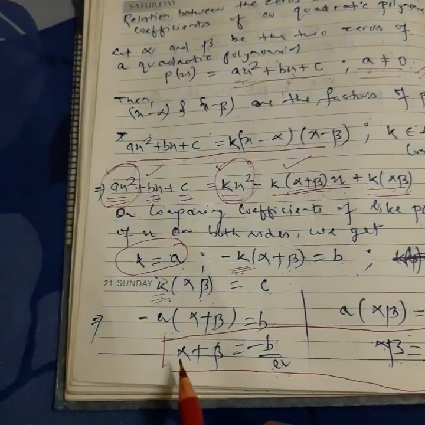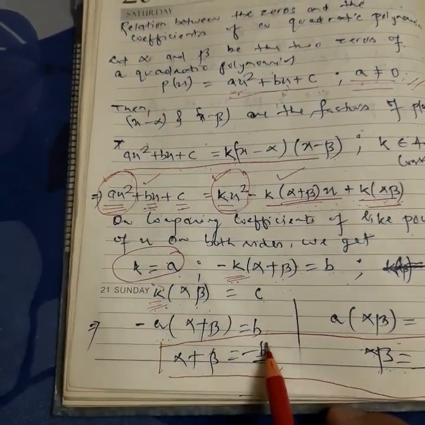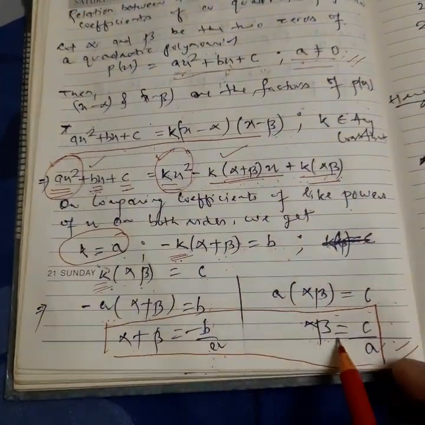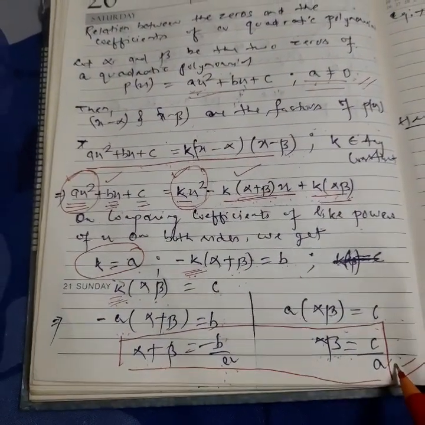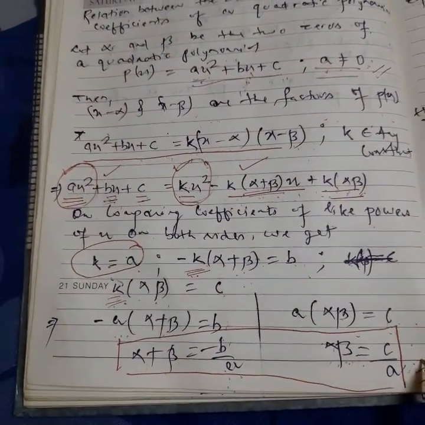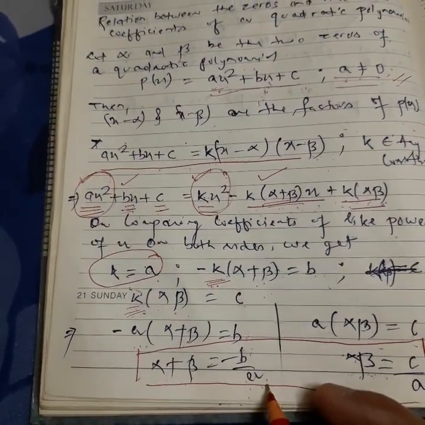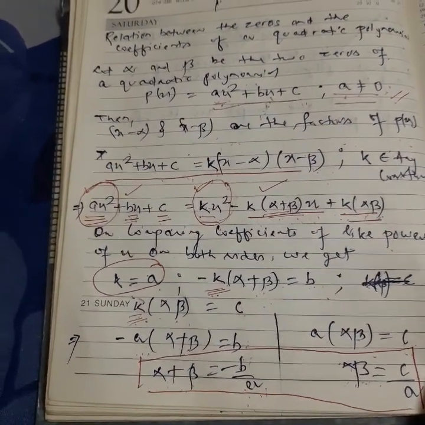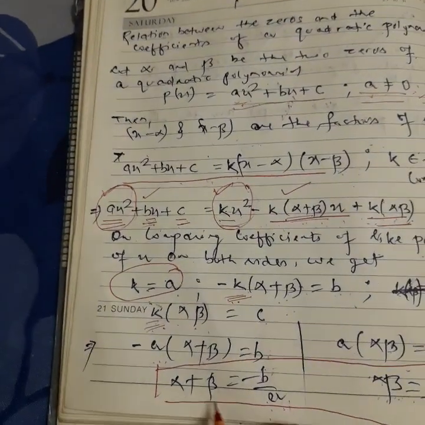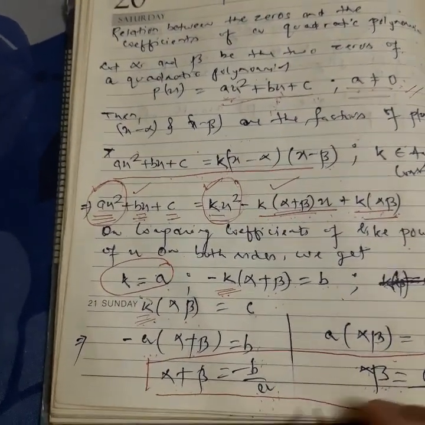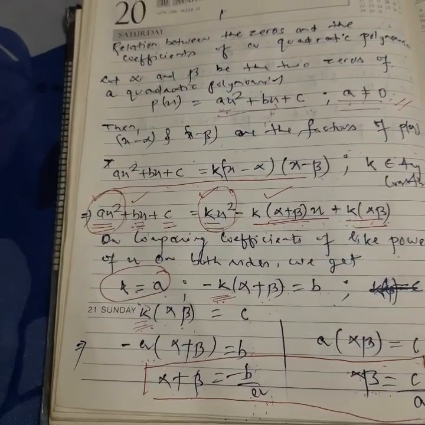So the sum of the zeros equals minus b by a, and the product of the zeros equals c by a. This is the basic relation between the zeros and the coefficients of a quadratic polynomial. Again I am repeating, sum of zeros is minus b by a, and product of zeros equals c by a.